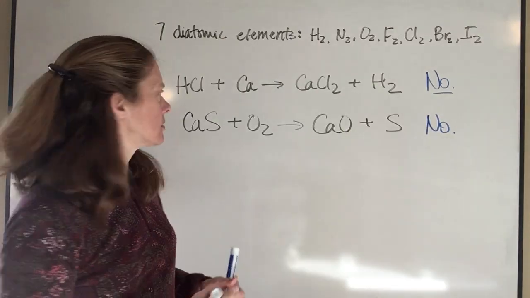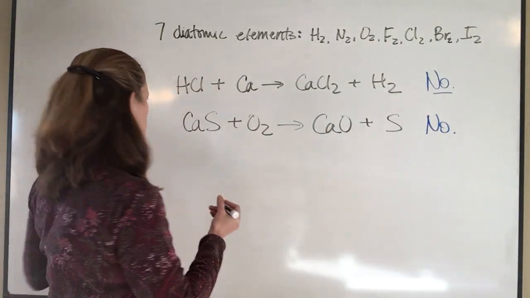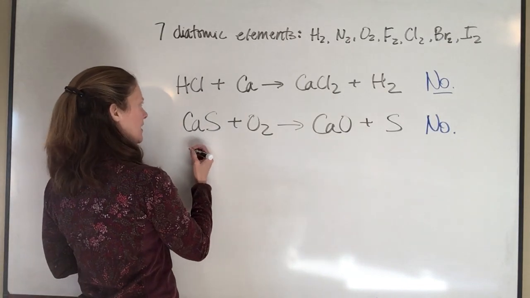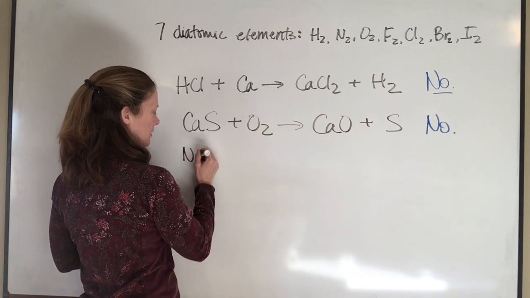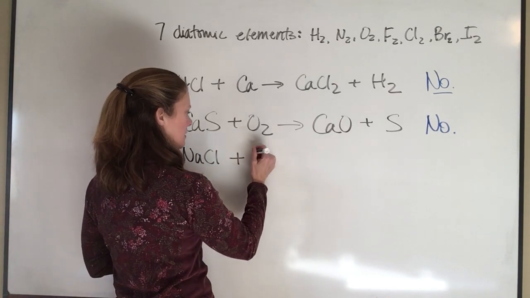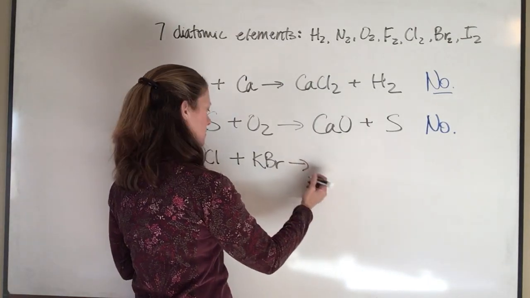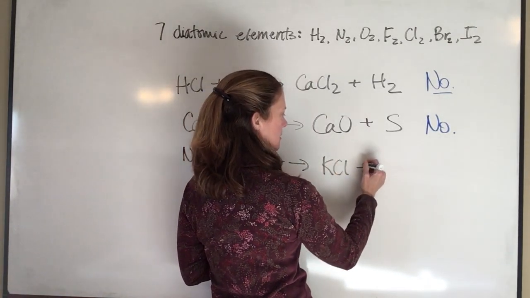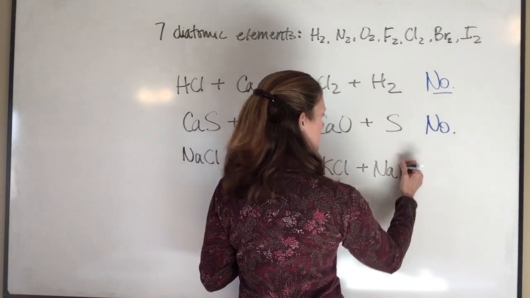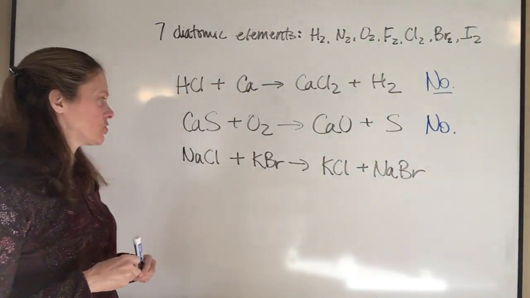Okay, let's look at one more. Let's say that I have NaCl plus KBr, and when they react, it's going to form KCl plus NaBr. Okay, let's see if we can figure out if this one's balanced or not.